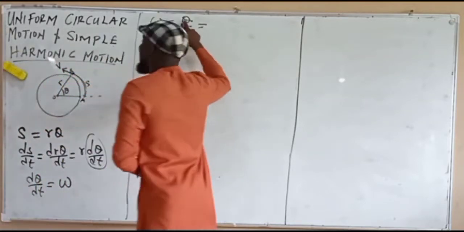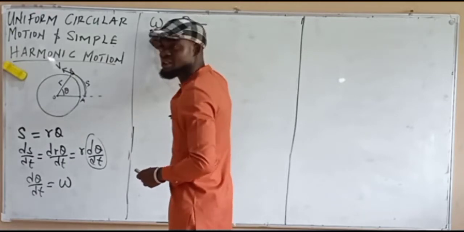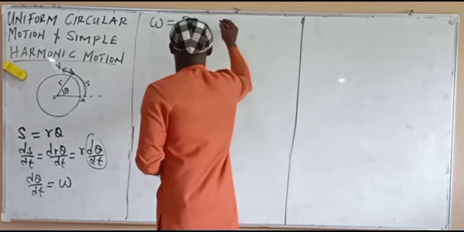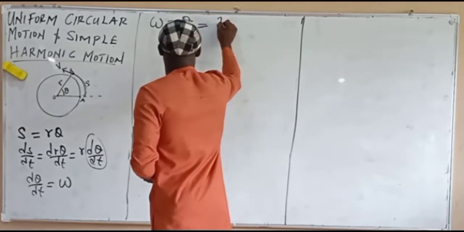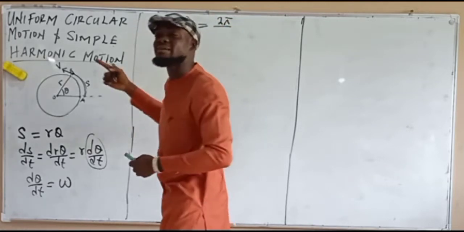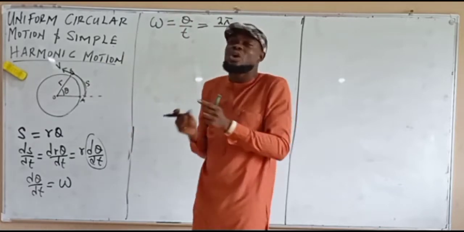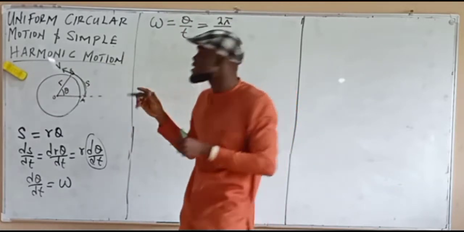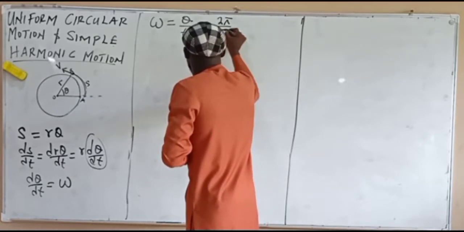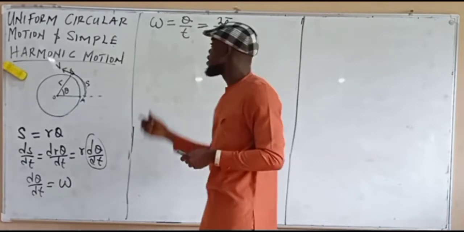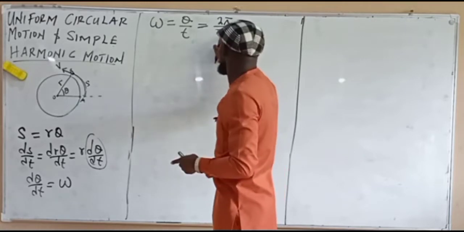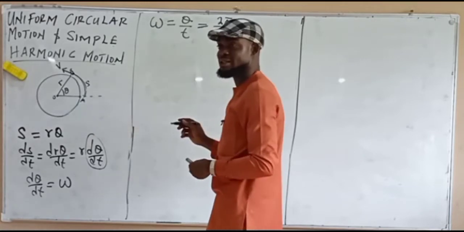Because angular velocity is always expressed in radians per second, 360 degrees will be equal to 2 pi in radians. The time taken for a particular event, or to complete one oscillation, is called the period, and we denote it by T. So angular velocity will be 2 pi, which is 360 degrees in radians, over the period T, which is time.